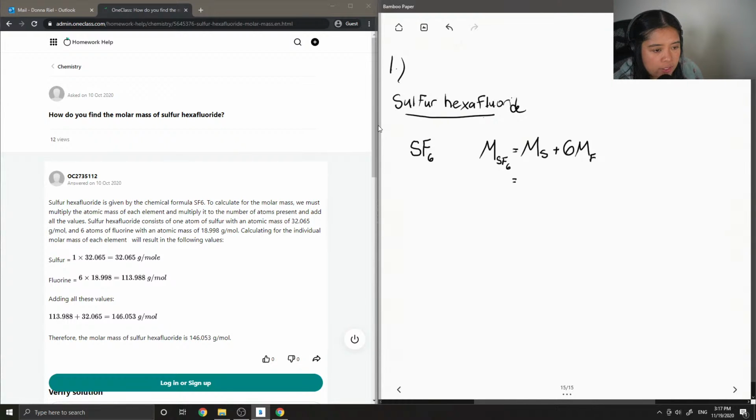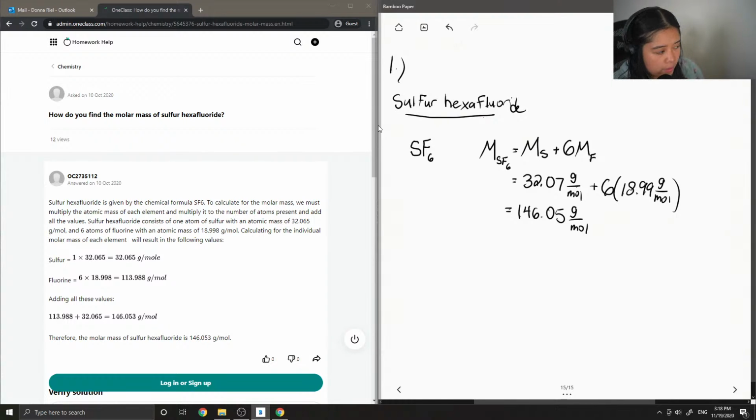The molar mass of sulfur is 32.07 grams per mole, and the molar mass of fluorine is 18.99. Adding up all these values, we get a total molar mass of 146.05 grams per mole.